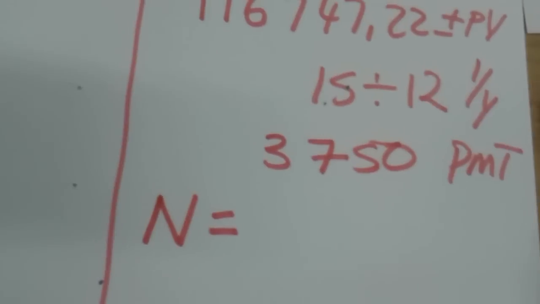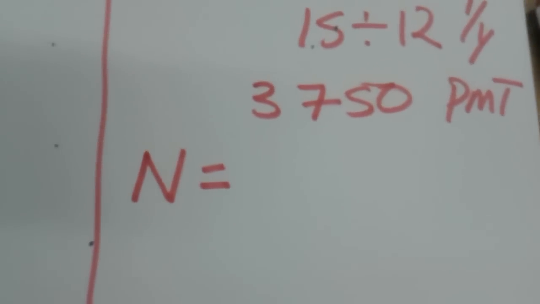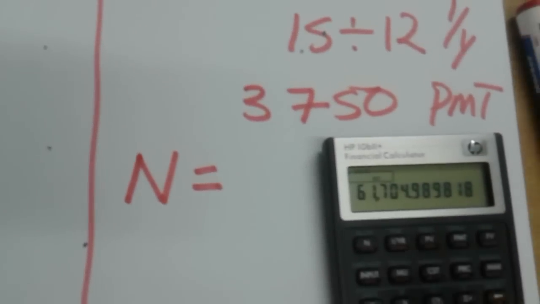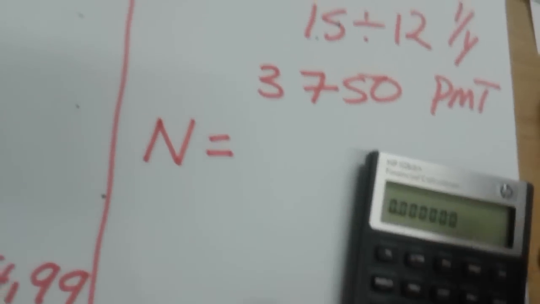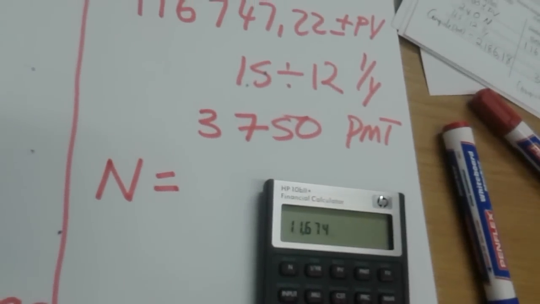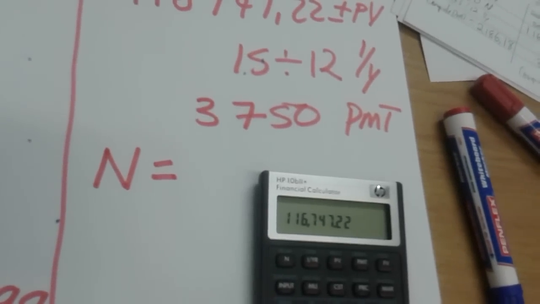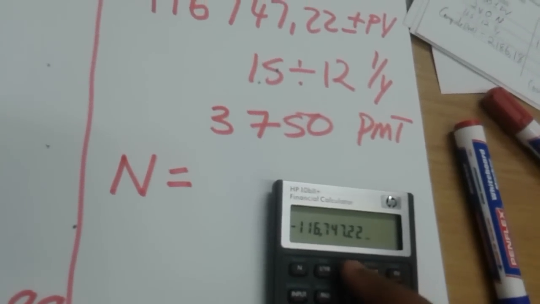So again, I'm going to use both. I'm going to use the HP first now. Okay, so we go 116,747.22, right? So this is plus minus, that's your PV.